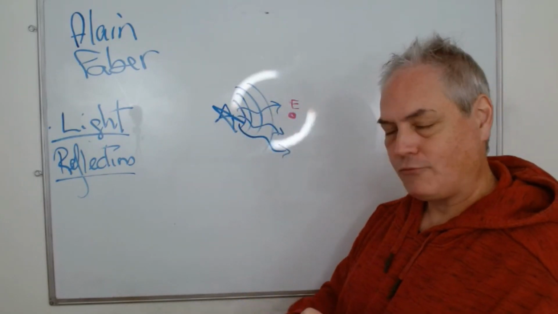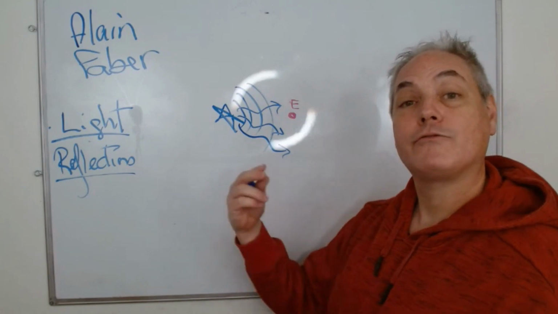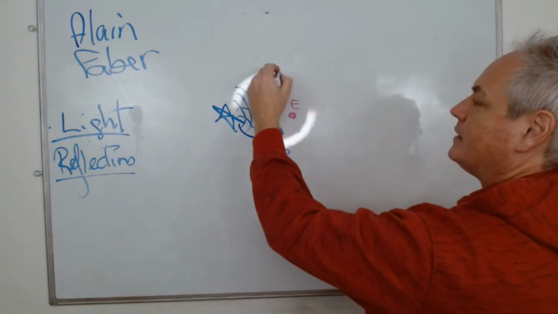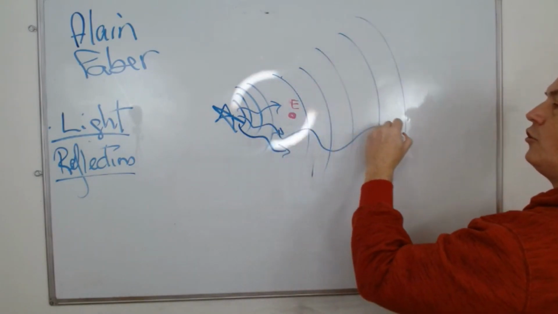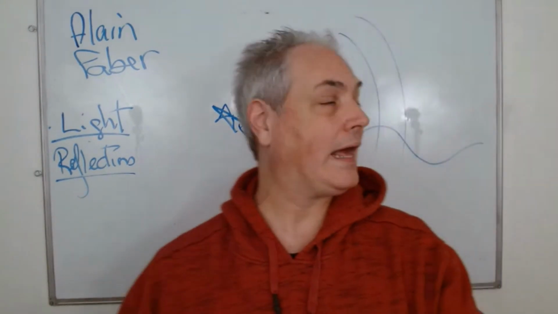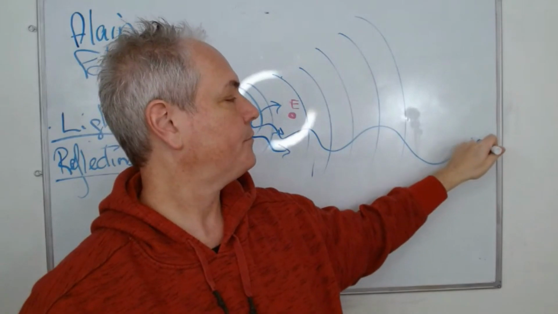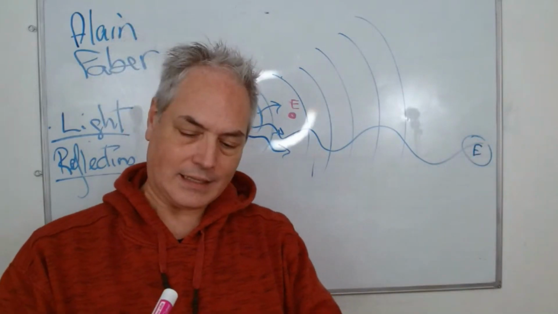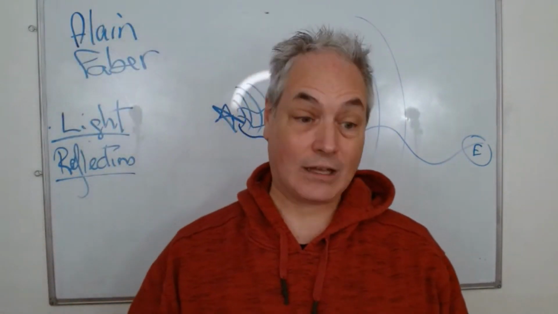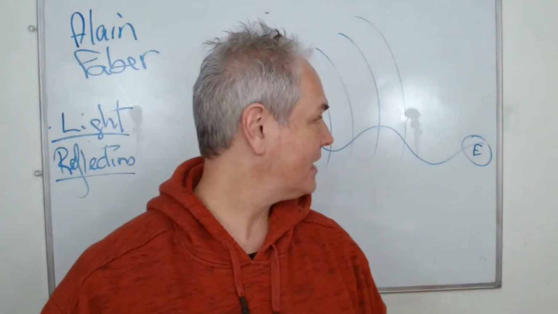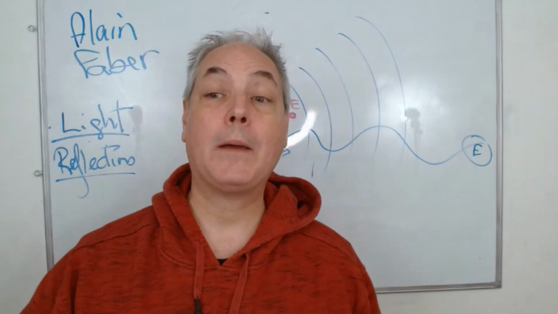However, if you are looking for information from a distant star, then we have those waves that are getting longer and longer. So what happens is that if our Earth is at so many light years, tens of thousands of light years, then the wavelength is much bigger.